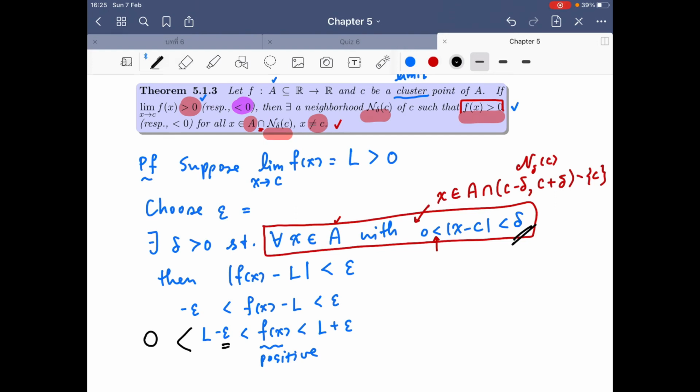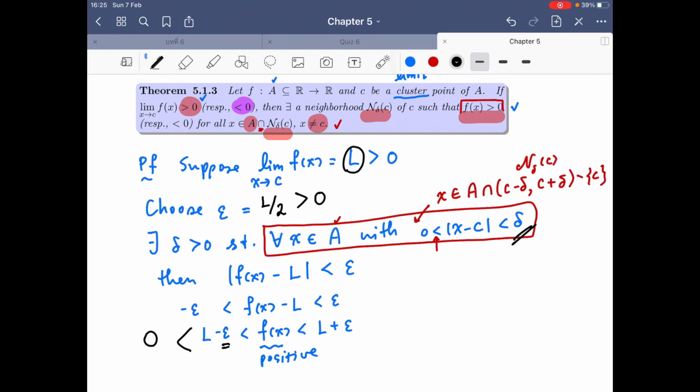So it depends on your calculation. The thing that you can easily think of is that your epsilon is L over 2, because L is positive, so your epsilon is positive as well.